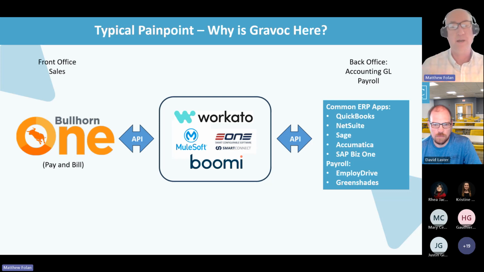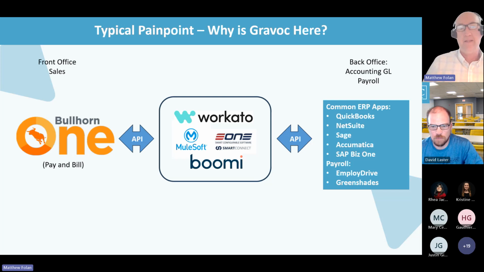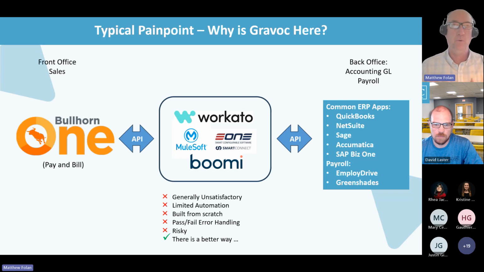Workato is commonly used out there. Workato has their APIs that connect to QuickBooks or other ERP systems, and then they have skills with connecting it to Bullhorn One. And what we're hearing more of is that it does work. It is a platform and capability that certainly solves that problem, but we get a lot of feedback that it's generally unsatisfactory. It's limited in automation.